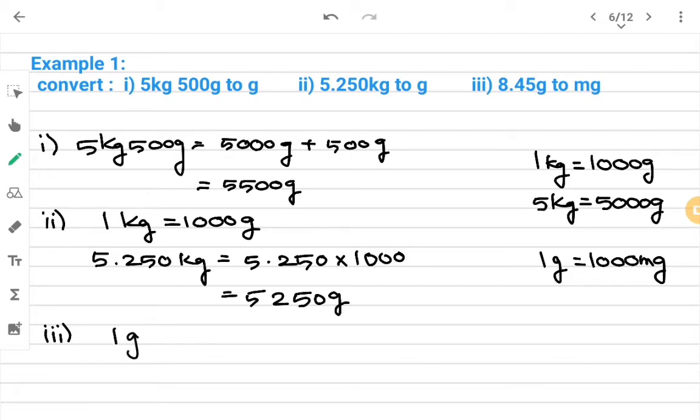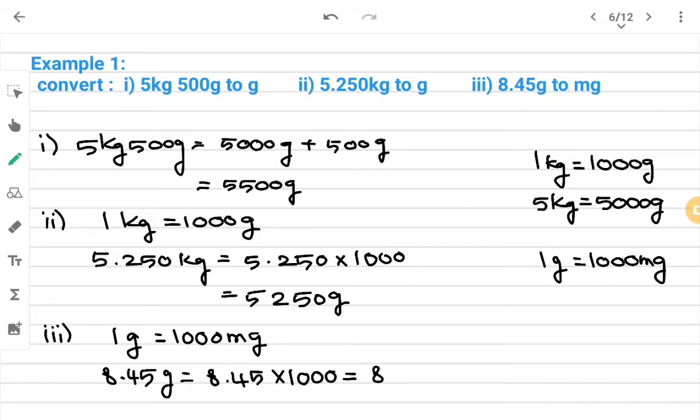Therefore 8.45 gram is equal to 8.45 into 1000. You will get 8450 milligram, right?